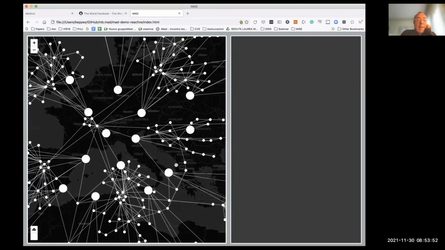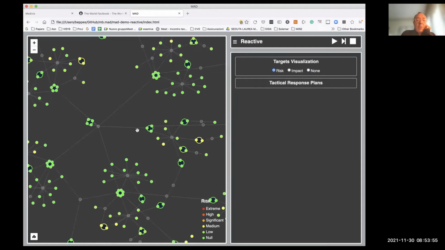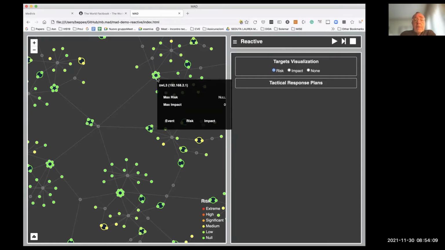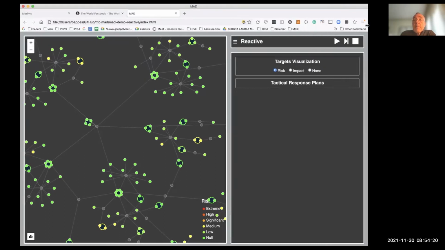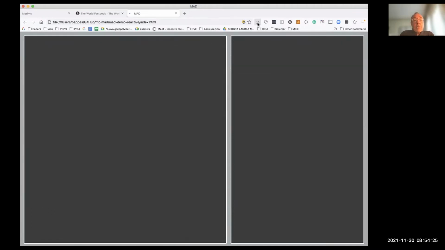But in this case, I just want to see the network structure. So having this animation is not useful, and it's confusing the user. You want to see the network, the computers, the network interfaces. So it's much better to have in this part of the story a progress wheel. Never leave the user without understanding what is going on.